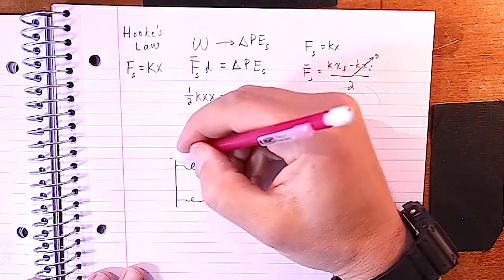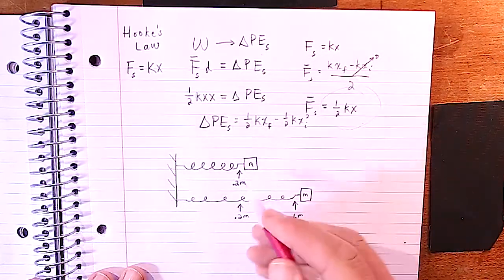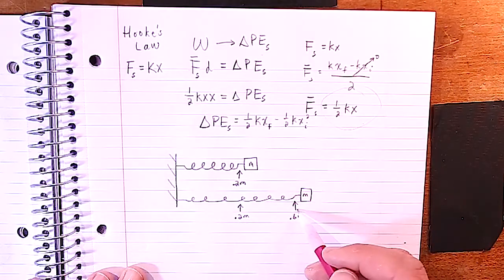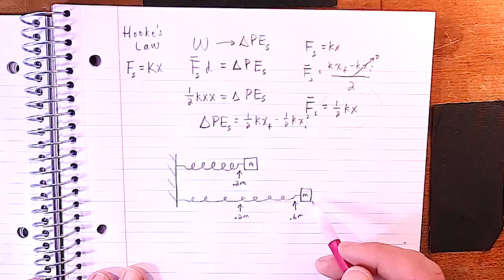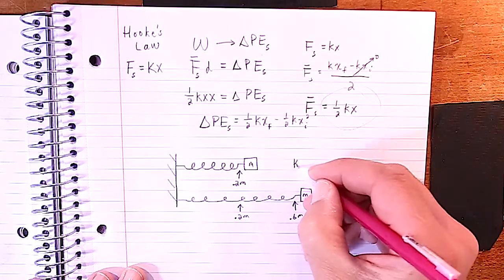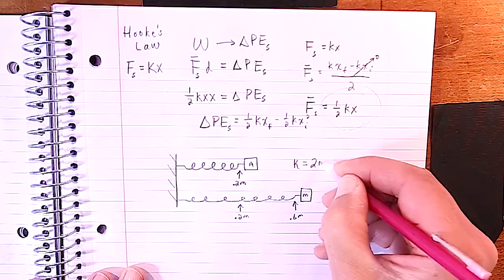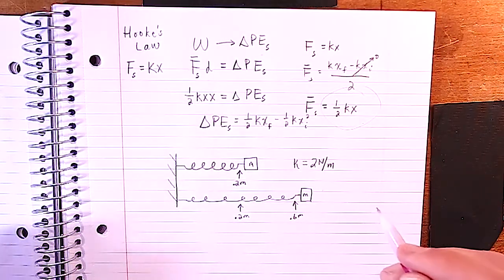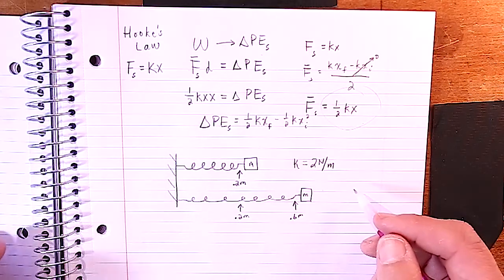So let's go ahead and do a problem where we have a spring that's been stretched 0.2 meters from equilibrium, and then it's stretched an additional amount up to this new position. And we're going to say that K is equal to 2 newtons per meter. Now, we cannot simply do what we did before for gravitational potential energy.